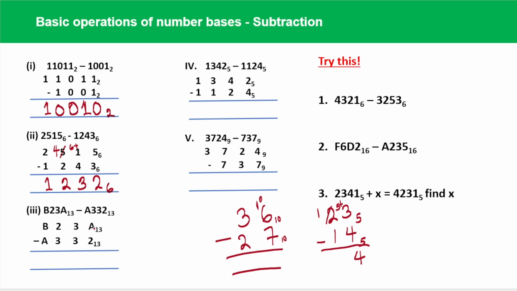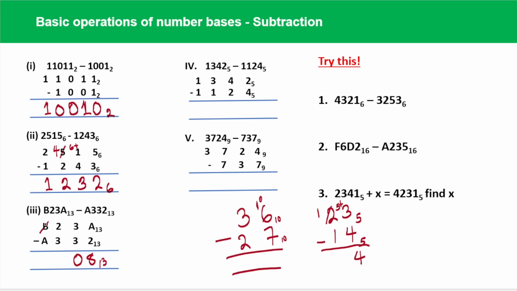Now to the next example, we have A minus 2. Remember, in our hexadecimal number base system, letter A is 10. 10 minus 2 is possible without borrowing. That will give us 8 in base 13. 3 minus 3 will give us 0. Now 2 minus 3 is impossible, so we will have to borrow from B. Remember that letter B stands for 11.